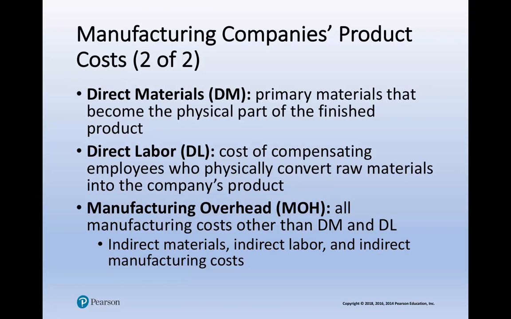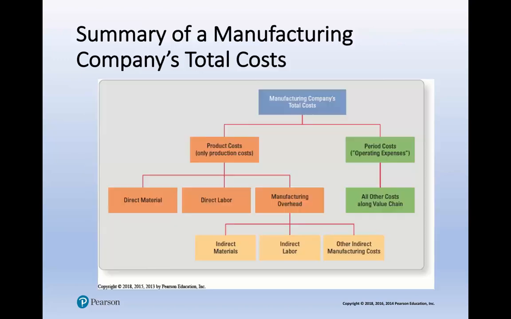So these, again, they relate to the manufacturing, however, they're not easy to trace to one individual product, so it kind of comes under this category of manufacturing overhead. Everything else associated with the manufacturing that we can't exactly say, yes, that $75 bill for our lighting relates to these three products. Instead, we just kind of add all that cost up together, and then we're just going to slice it up like it's a pie.